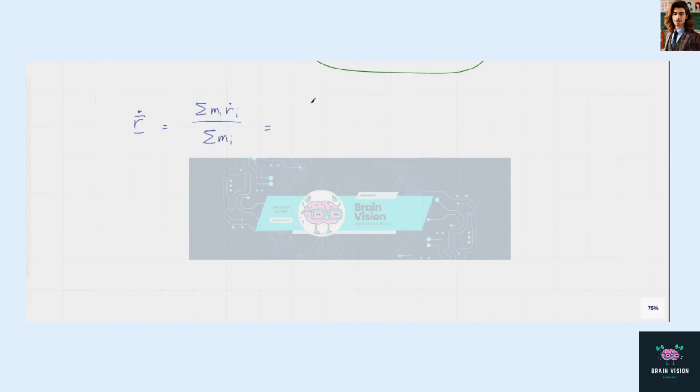So this is equal to m into 2v j plus 2m into 3v k, where v is the velocity of the system, plus 4m into v i, all divided by 7m.